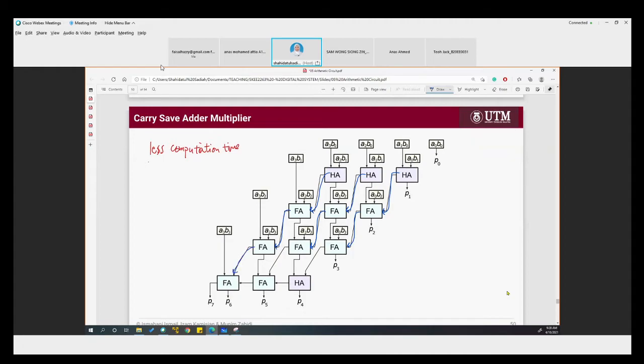So the waiting in a row of adder, waiting for carry, is less. So it has less computation time.